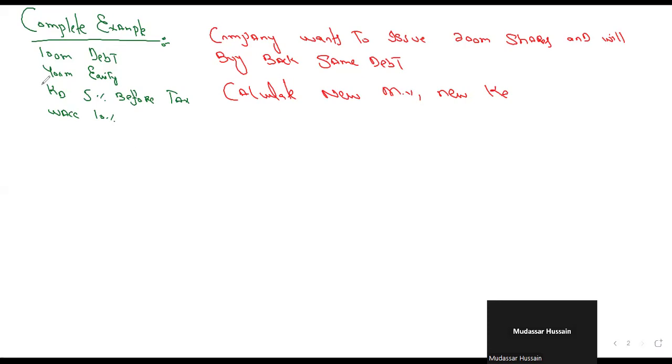See, guys, what is happening already? The company is geared because the company is having the debt in its capital structure. Now the company is buying back the debt. So it means that this is not 200 million, this is 20 million.